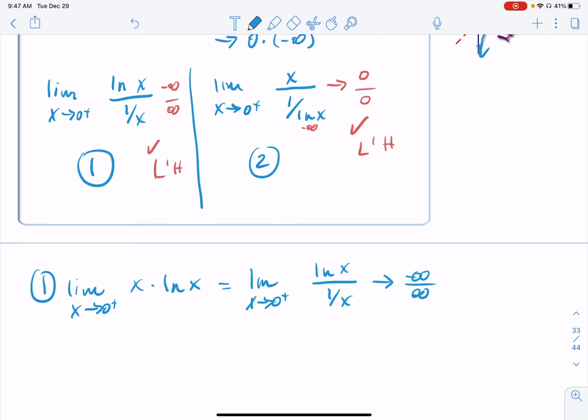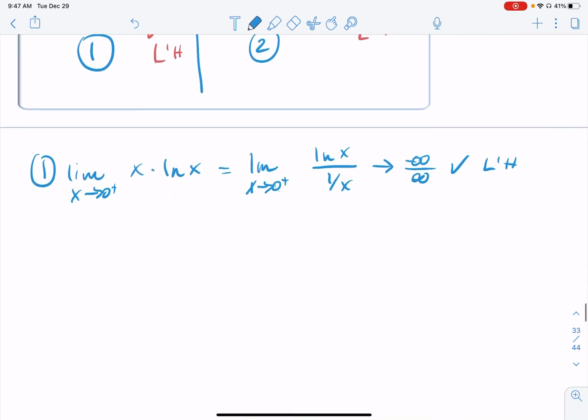And this could be plus or minus infinity, but since it's going from the right, it's a positive infinity for the bottom of this, which is a check for L'Hopital's rule. Bernoulli's rule. That's Bernoulli. He's throwing a fit about it. So we're going to take the derivatives of the top and the bottom.